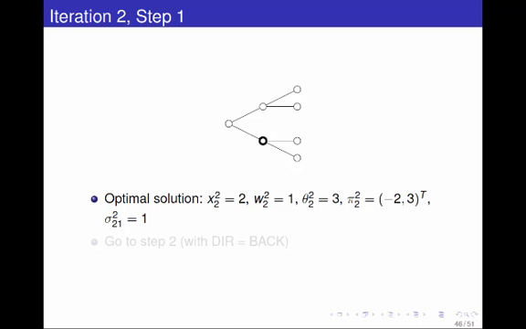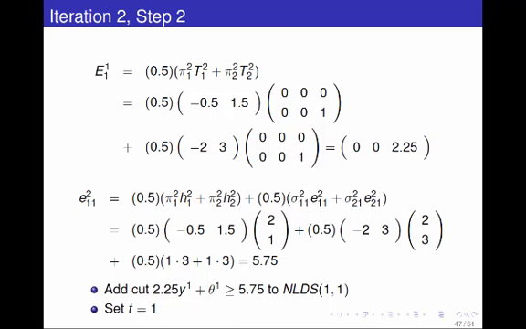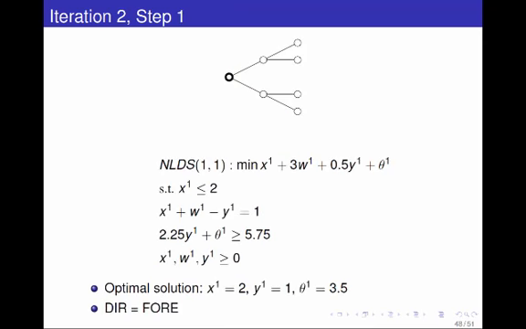Still moving backwards, we go to NLDS 2.2. This is the primal optimal solution, the dual multiplier, and the dual multiplier of the cut. We're still moving backwards, so we're scanning backwards. This is how we compute the optimality cut for period 1, scenario 1, right-hand side. This is the cut that's added to NLDS 1.1.